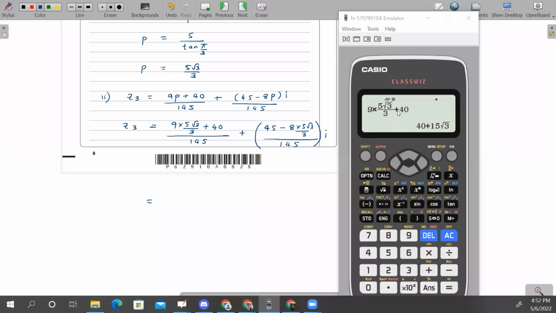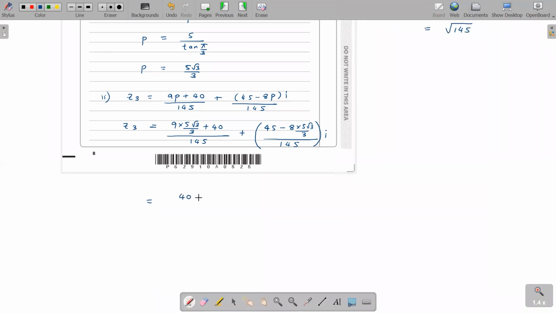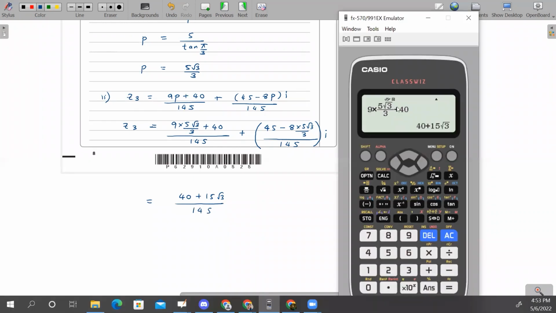Okay, so I typed in the calculator 9 into 5 root 3 over 3 plus 40, which gives me 40 plus 15 root 3. And don't forget the division by 145, okay? 40 plus 15 root 3 over 145. So I typed just the numerator. Okay, so let's type the other part also. Next I type the numerator 45 minus 8 into 5 root 3 over 3.